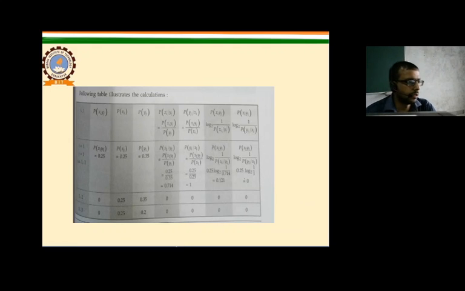Now this is the table. Here the first column indicates ij, means the element in the JPM which can be represented by i corresponding to the row and j corresponding to the column. Here i ranges from 1 to 5, and j ranges from 1 to 4. In a 5 cross 4 matrix, the number of elements is 5 into 4, equal to 20.